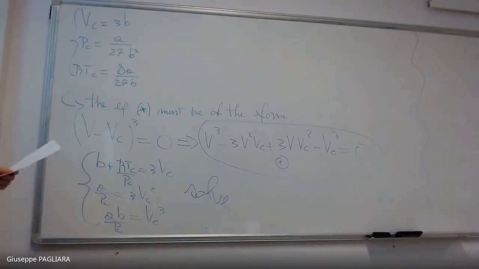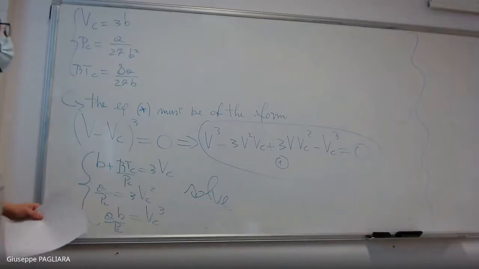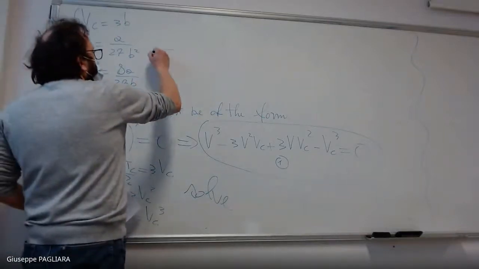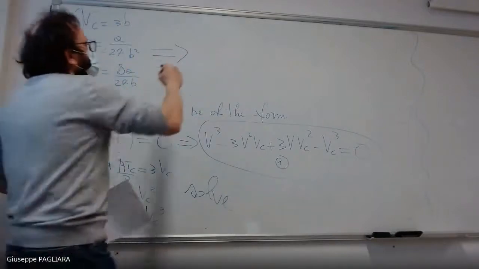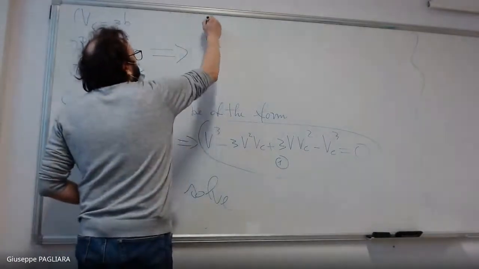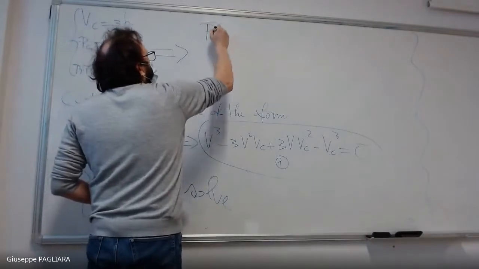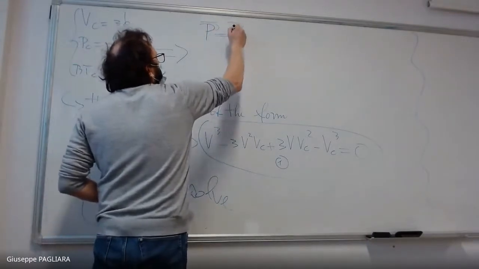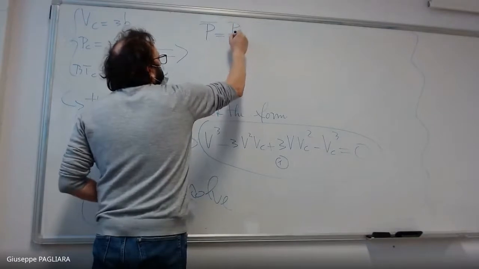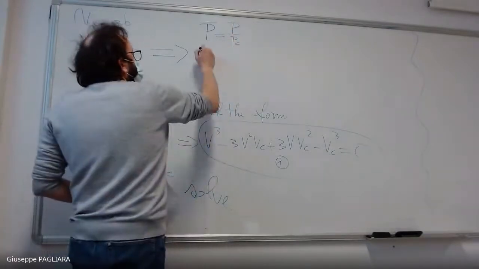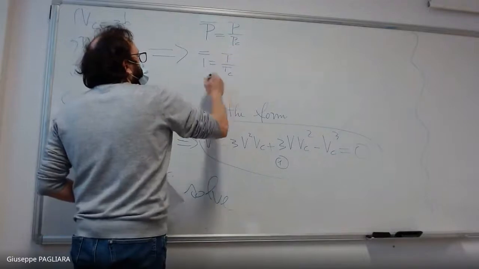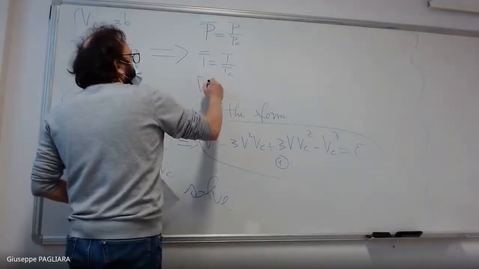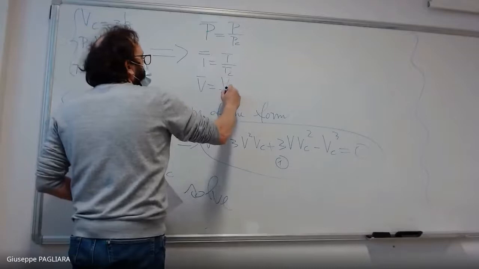Now, an interesting way to write the equation of state is the following. Now you can introduce P bar, which is equal to P divided by PC, T bar equal to T divided by TC, and V bar is equal to V divided by VC.